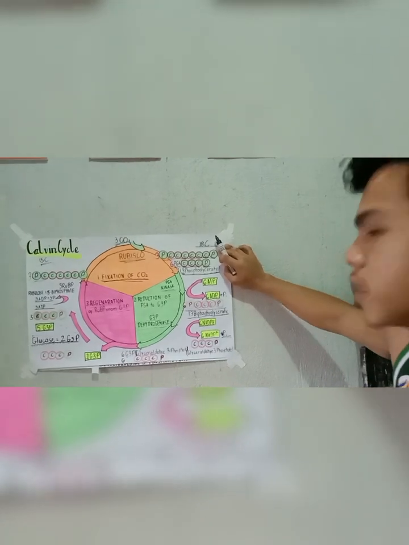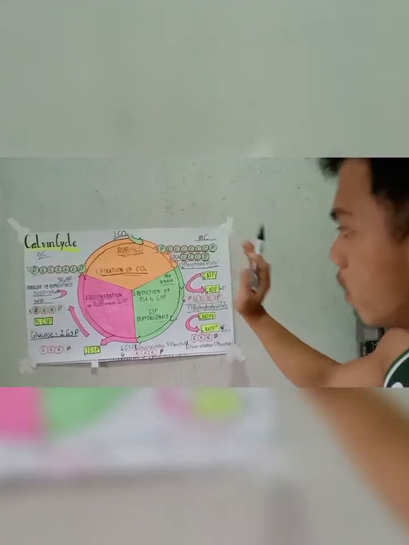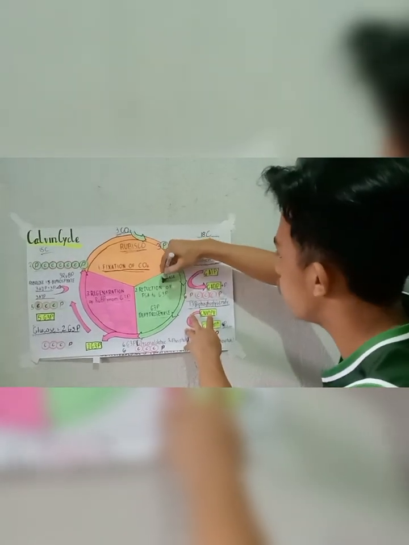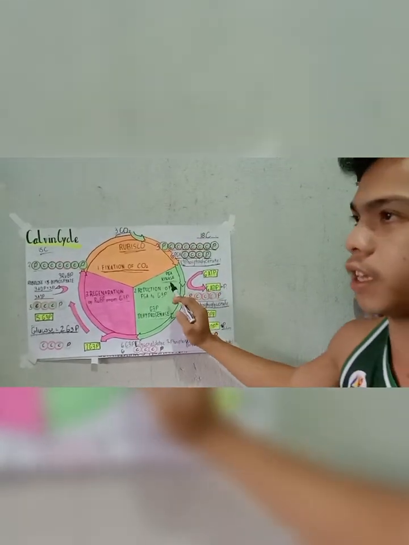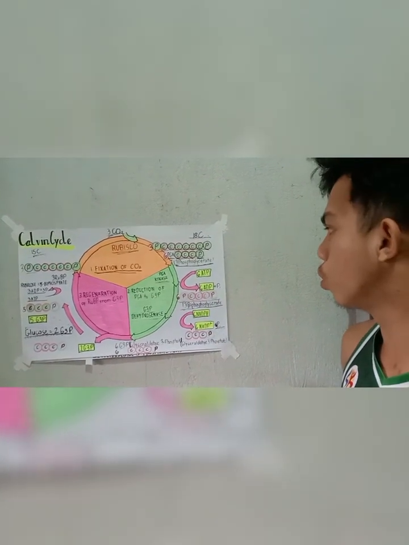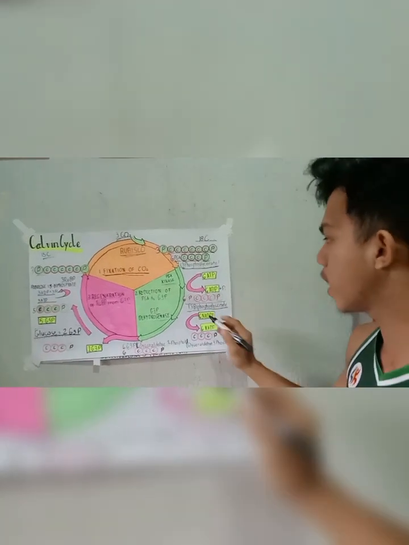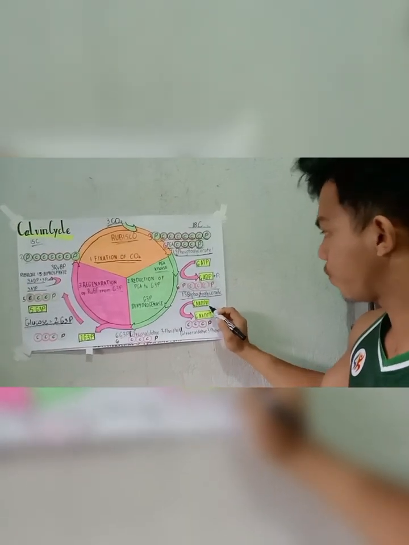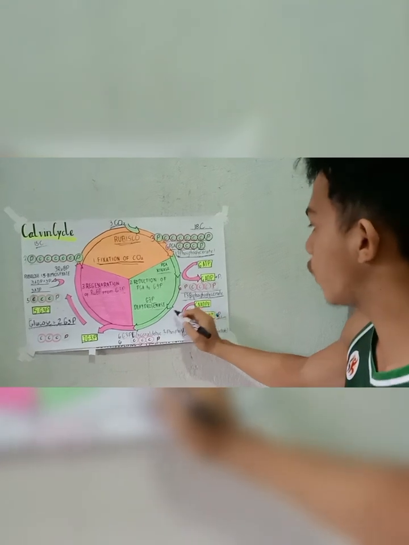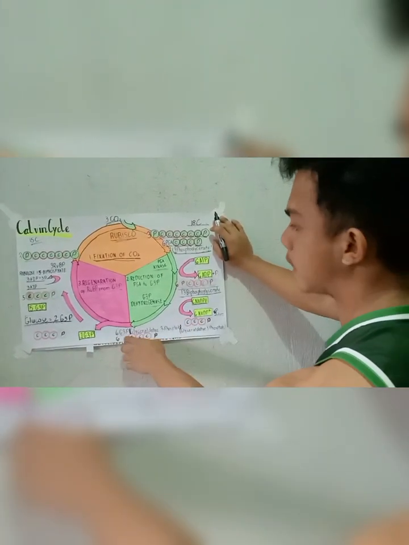So next stage is we're gonna use NADPH. Always remember that PGA kinase catalyzes the addition of phosphate to make it into the other molecule. Next, we use NADPH to convert 1,3-bisphosphoglycerate into G3P.